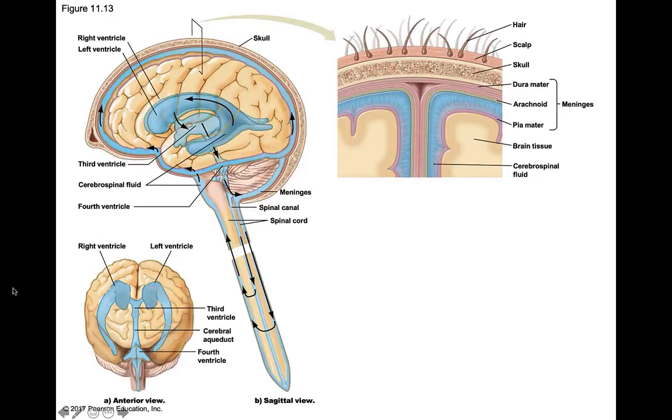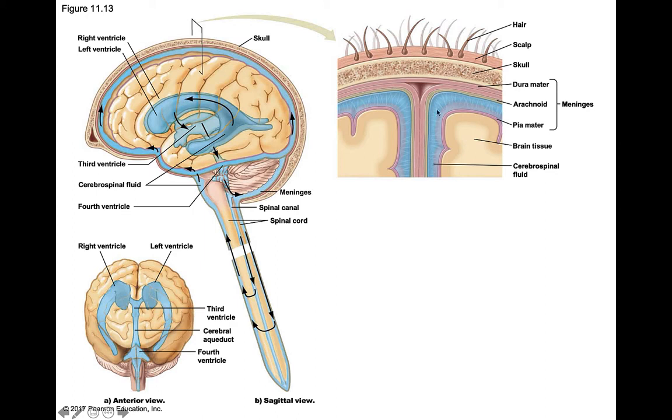Now here we can see a couple of things. So we see the brain and the spinal cord together, and these are the ventricles. These are those areas where we actually see the cerebrospinal fluid being produced, okay? Here, if we look at the skull, we can see the meninges, so the dura, the arachnoid, and the pia.